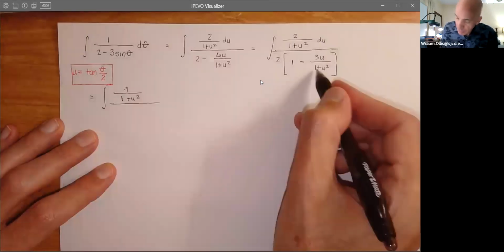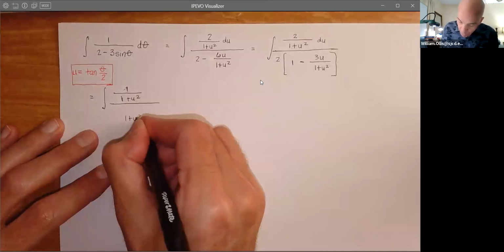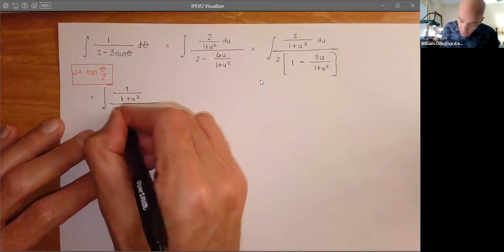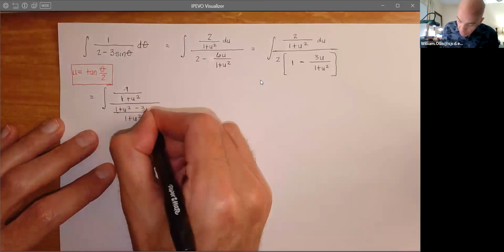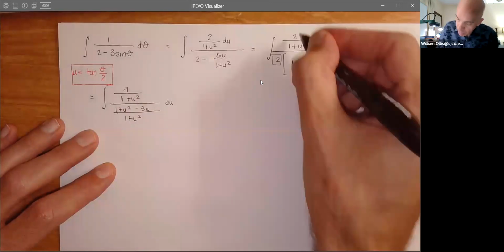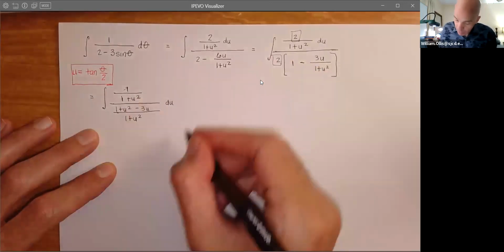And then here get a common denominator of 1 plus u squared. So those are going to go away. They're going to absorb. And this will be a 1 plus u squared minus 3u du. So the 2's absorb. So the 1 plus u squared is absorbed.